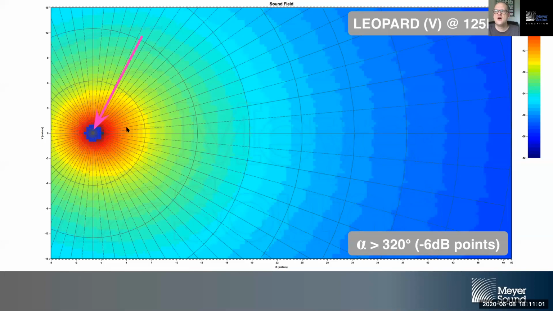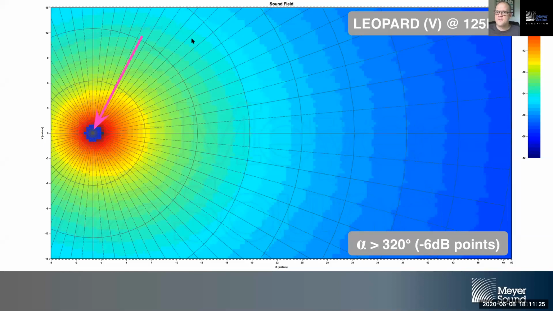Once the source is very small in comparison to the wavelengths that it's reproducing, then all sources tend to become omnidirectional. So at 125 hertz, we're talking about 3 meters, give or take. And suffices to say that a Leopard is very small by the time that you're reproducing 3-meter wavelengths.